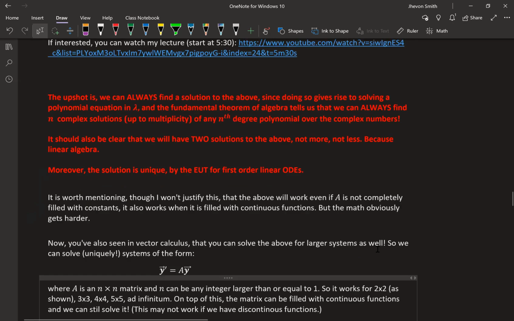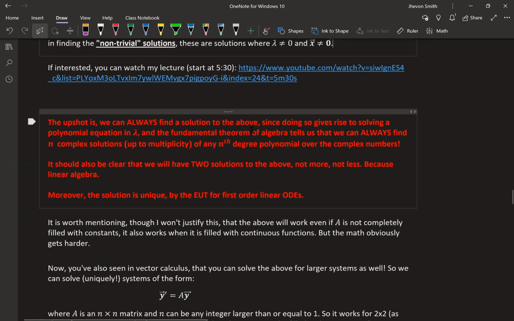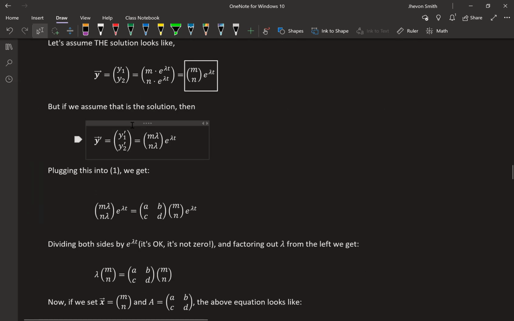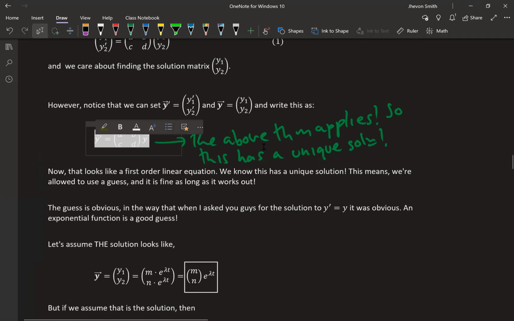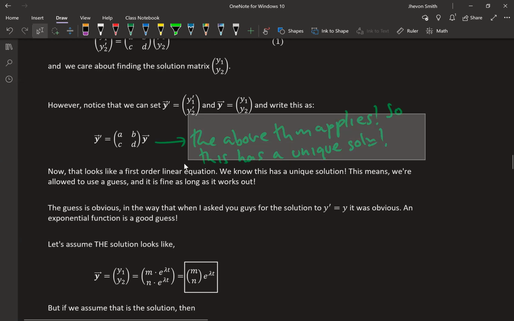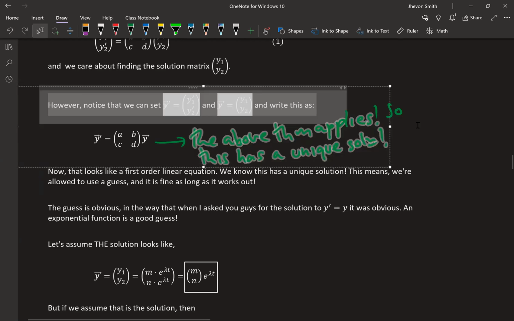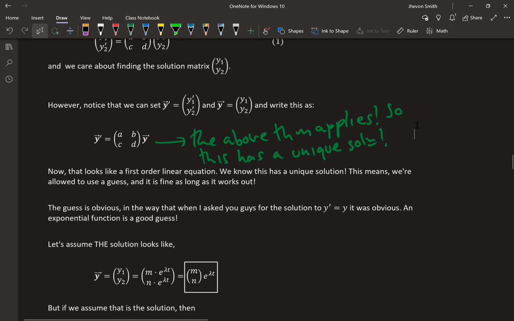So here's the upshot. We can always find a solution to the above system. If I have a system like this, I would always be able to find a solution. I know one exists by the existence and uniqueness theorem for first order linear differential equations.